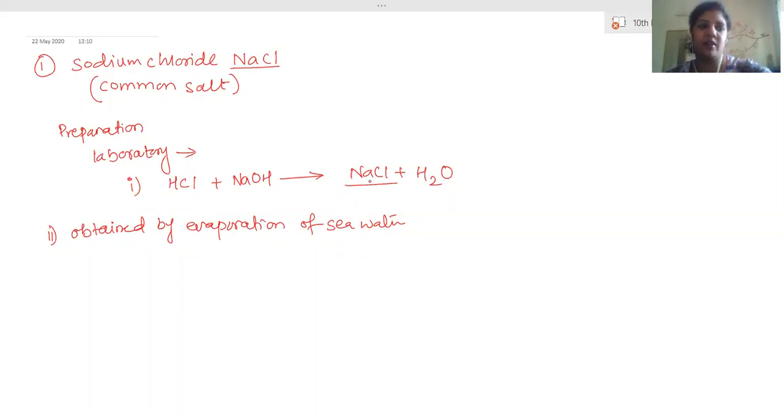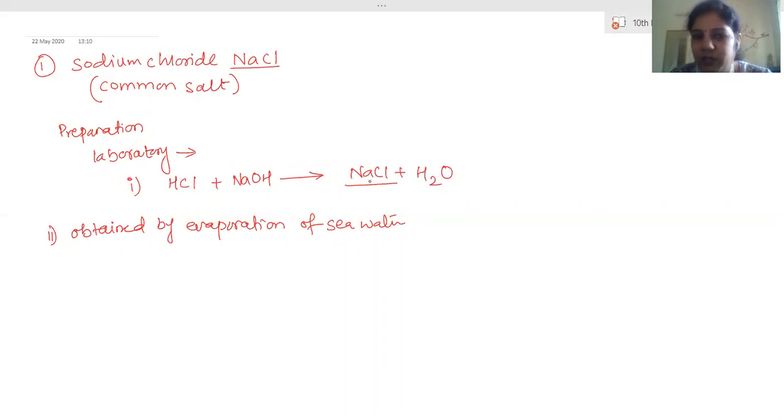The thyroid gland secretes thyroxine, and thyroxine is a compound of iodine. So for proper secretion of thyroxine, iodine is necessary, and regular intake of iodine is very important. For that reason iodine is mixed into sodium chloride, which we call iodized salt.